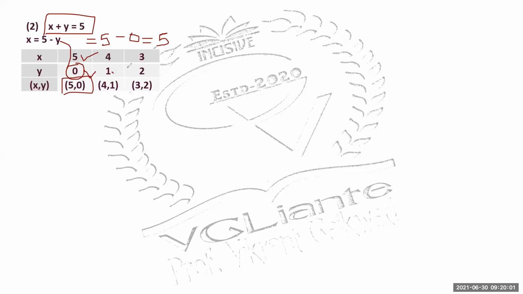Now when y is 1, in place of y you put 1. So that is 5 minus 1. 5 minus 1 is what? 4. So the point is 4 comma 1.